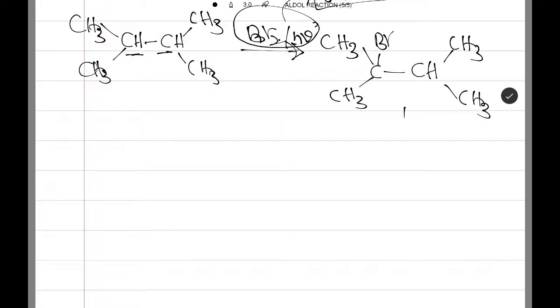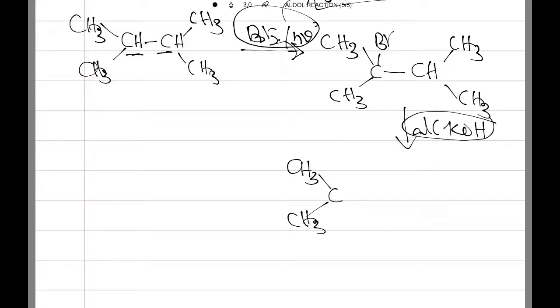After that, when this reacts with alcoholic KOH, we know that alcoholic KOH is the eliminating agent. So we get this product, CH3 CH3. From here bromine, from here hydrogen is eliminated, so alkene formation takes place.